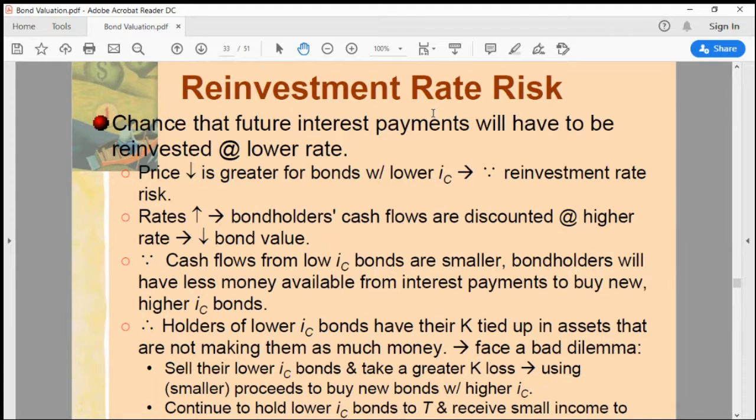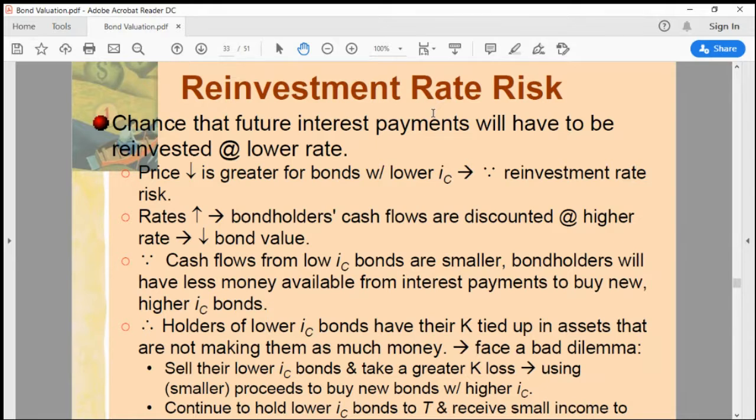In other words, you can reinvest it in the same bond, and then it will still earn the same coupon rate, right? But this will not be the case when interest rate fluctuates.